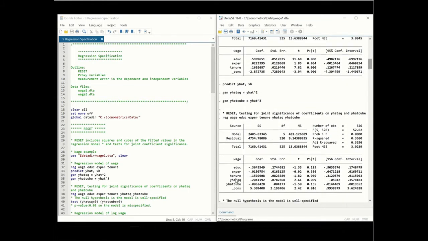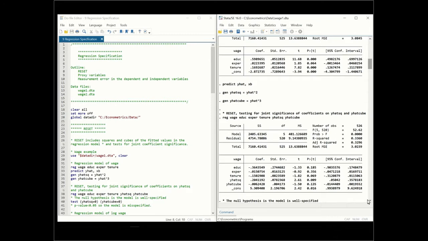These fitted values are here to possibly test whether there are any higher-level square terms or interactions of variables. We would notice here that of these two coefficients, one of them is significant and the other one is not significant.